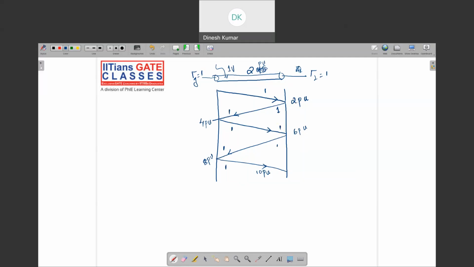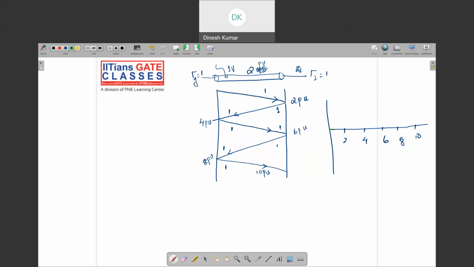Now we can find this. So if you draw our line, 2 per unit, 4 per unit, 6 per unit, 8 per unit, 10. Now up to 2 per unit, there is no voltage, right?